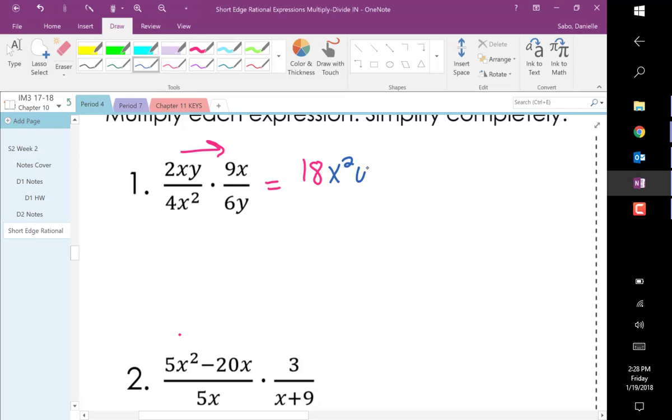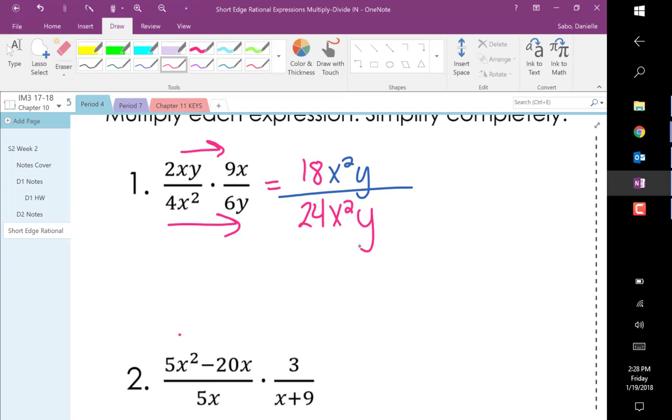And then the y just comes with it. Now let's do the bottom. 4 times 6, 24. And then look, the x squared, I just have to write it out. And the y, I have to write it out, because I can't multiply it to anything. But now look what happens. What cancels? Yeah, the x squared and the y.